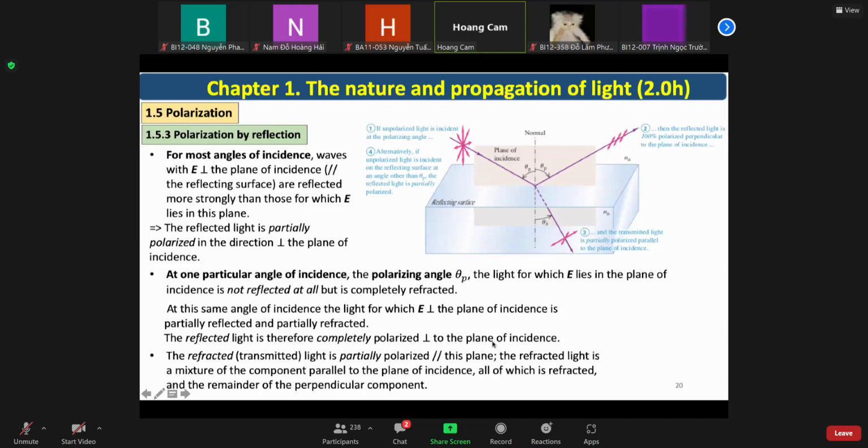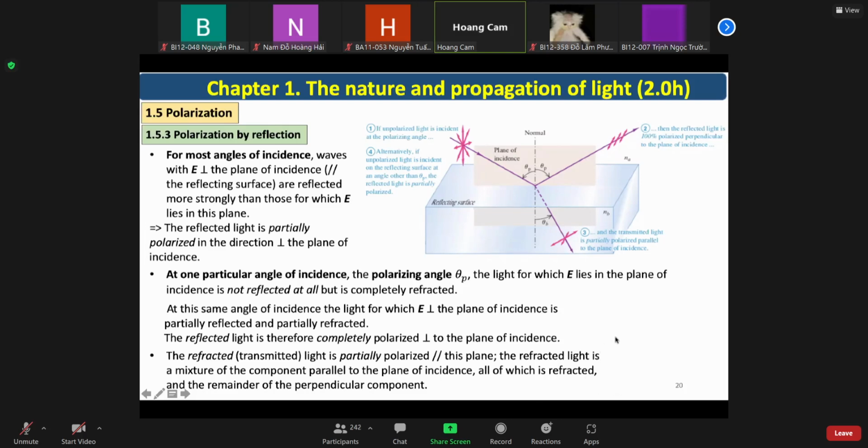The refracted one is partially polarized parallel to this plane, I mean the plane of incidence; it is a mixture containing both the parallel component and the perpendicular component.